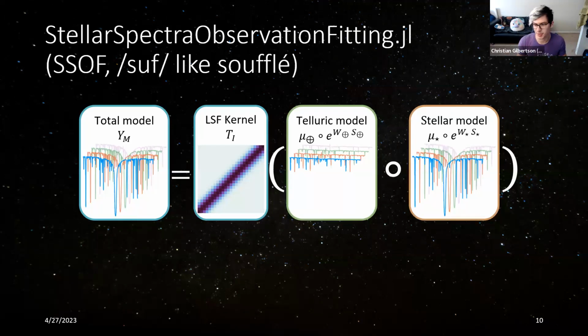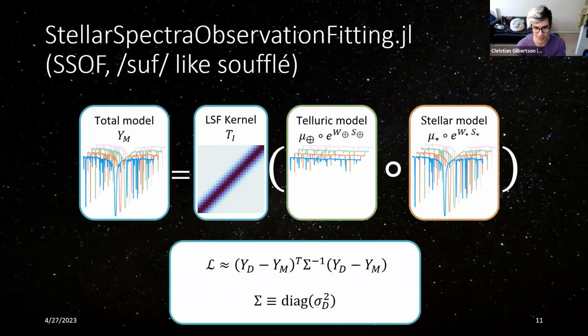This combined spectrum is further multiplied by an instrumental kernel matrix, which approximates a convolution with the instrumental LSF. This model is fit to the data by maximizing a multivariate Gaussian likelihood, taking the variances to be the instrumental uncertainties.